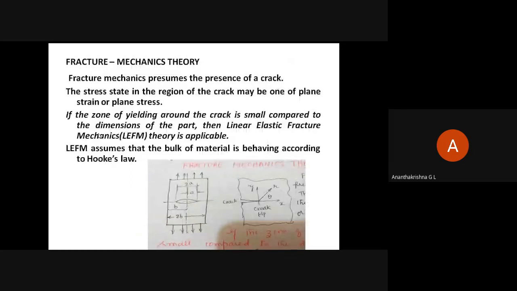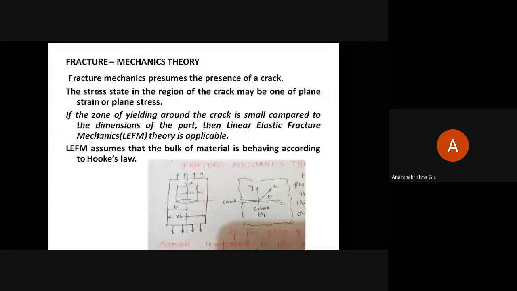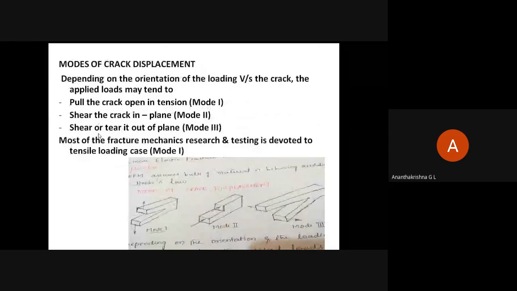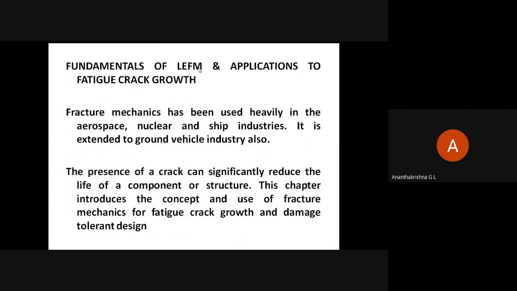Then we learned about fracture mechanics theory, which assumes the presence of a crack, and LEFM assumes that the material behaves according to Hooke's law, and then the various modes of crack displacement. Now let's understand the fundamentals of LEFM. Whenever we say LEFM, it assumes there is a presence of a crack, and that the bulk of the material behaves according to Hooke's law, that is, stress is proportional to strain, and its applications to fatigue crack growth. These are the things that we need to understand.